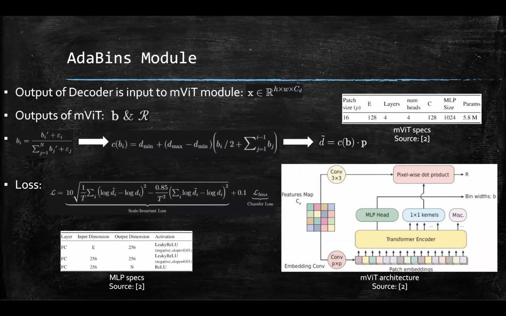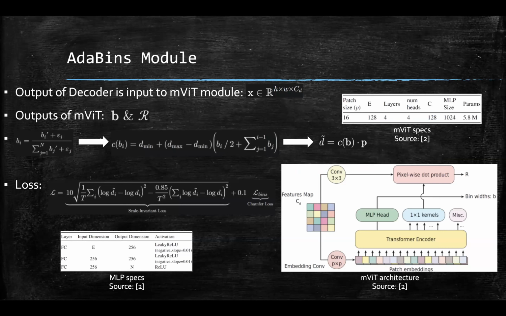Let me just briefly explain it, because it would be a different topic if we go deeper in there. The first term, this one here, scale invariant loss, is designed to be invariant to the global scale of the depth, which is crucial because the absolute scale of depth can be difficult to determine from a single image.